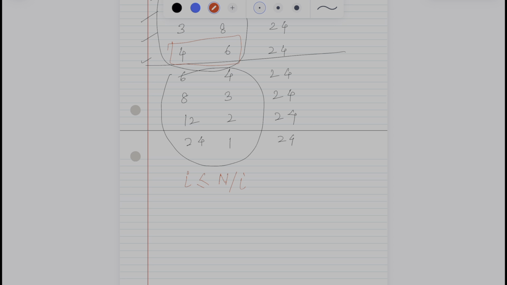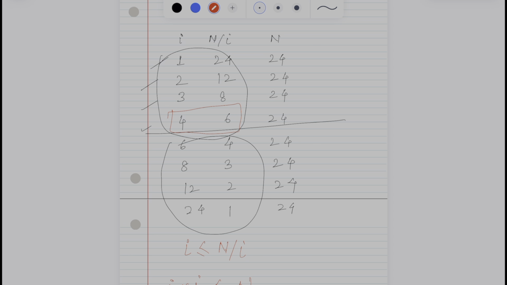And if we take this i to this, we can see that i multiplied by i is smaller than or equal to n, or we can say that i is smaller than or equal to root of n. So this relation we have found from this observation, that we observed by finding the factors, and we see that all the factors keep on repeating after a certain time, and that certain point is whenever i is smaller than or equal to n by i.